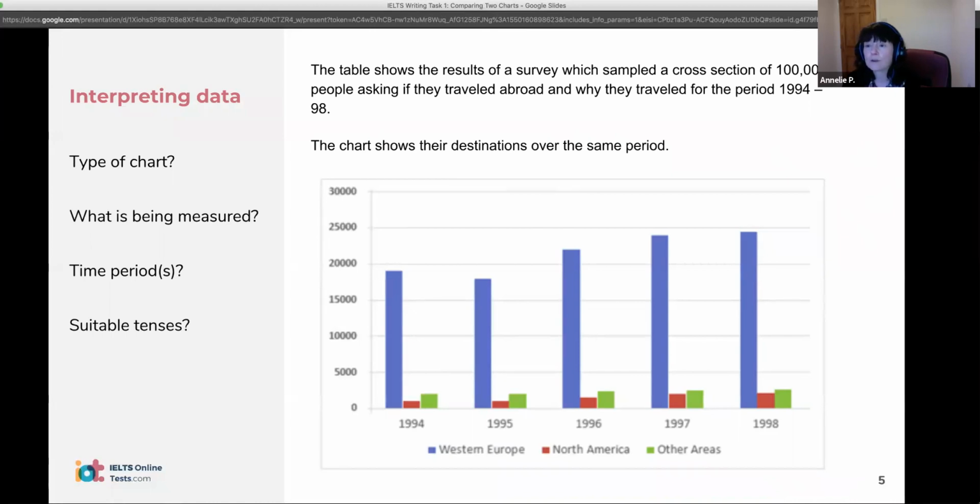So we are also going to use the past tense when we're talking about the bar chart. Yeah. Usually it's past tense. Just answering the question here from Yi Yuan. But you do have to be careful because it's not always. Okay, sometimes it's a prediction into the future. So you really need to check that before you start.